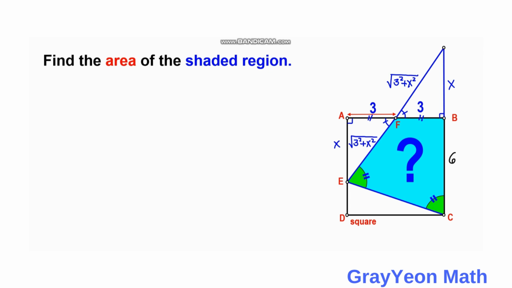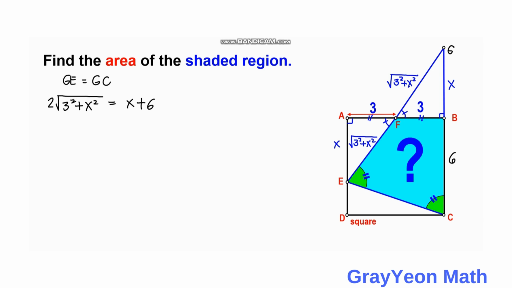If we make this point G, then since this is an isosceles triangle, GE is equal to GC, and GE is the length of this hypotenuse EF plus GF, so that is twice the square root of 3 squared plus x squared, which is equal to x plus 6.